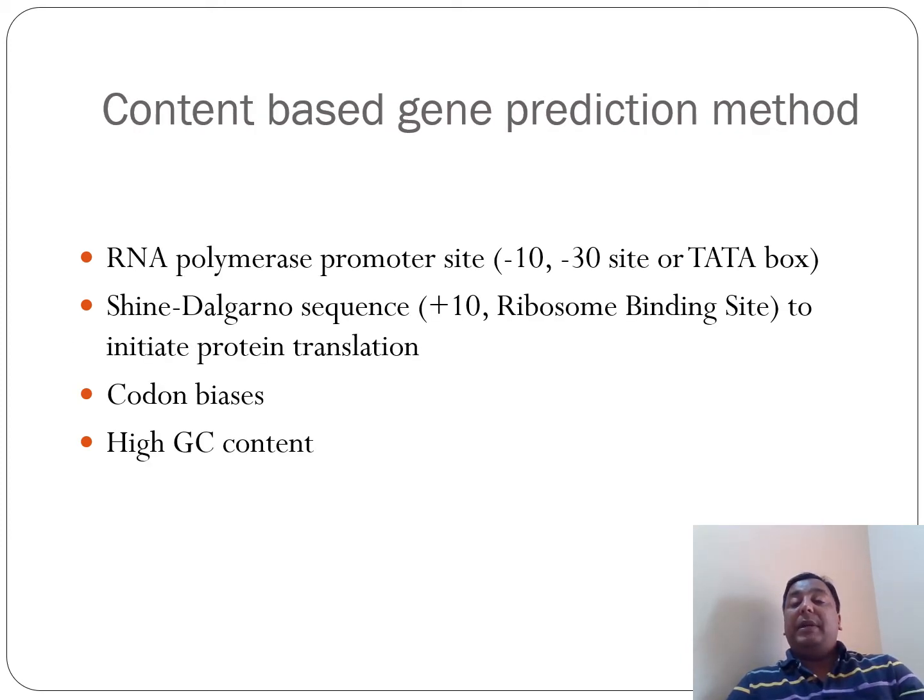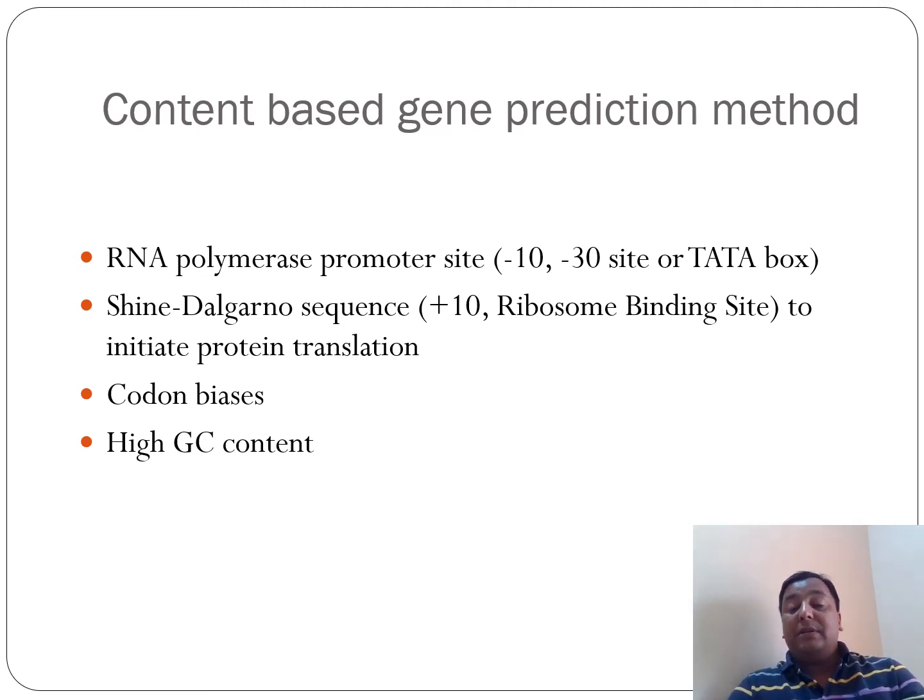So in content-based gene prediction methods, generally you know that RNA polymerase enzymes are there, which deal with how translation is going to code with the help of mRNA for particular amino acids. In the reverse direction, the TATA box, all the activities are controlled by RNA polymerase.